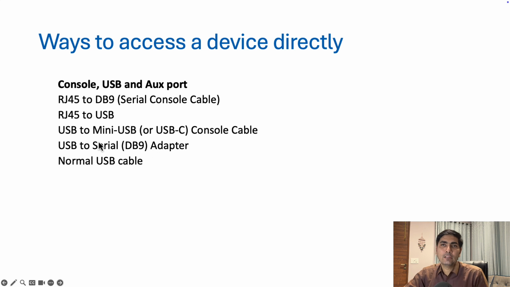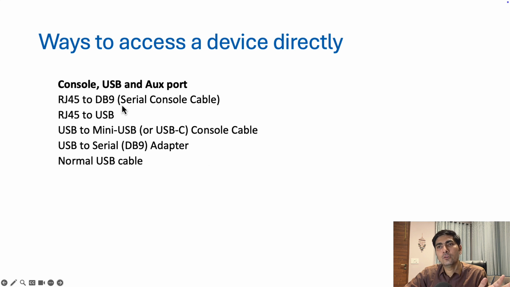I was telling you that if your laptop has only a USB port, but the cable you have is RJ45 to DB9, then you need an adapter. You also need to install an application which you can download and reboot the workstation, and then you access using the console.